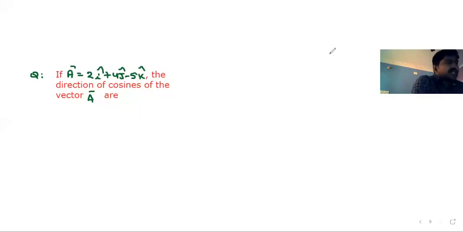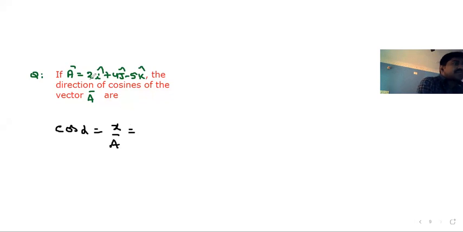If a bar equal to 2 i cap plus 4 j cap minus 5 k cap, what are the direction cosines of the vector a bar? Direction cosines in the sense the values of cos alpha, cos beta and cos gamma only. They are called direction cosines. According to that, what is the general formula for cos alpha? x by a.